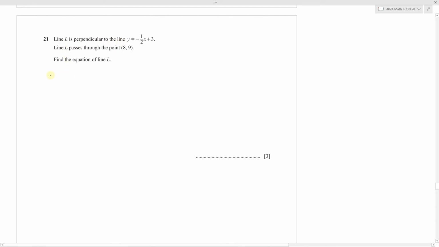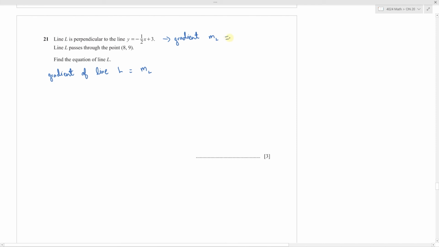So let's call the gradient of line L, ML. And let's call the gradient for the line y equals -1/2 x plus 3, M2.